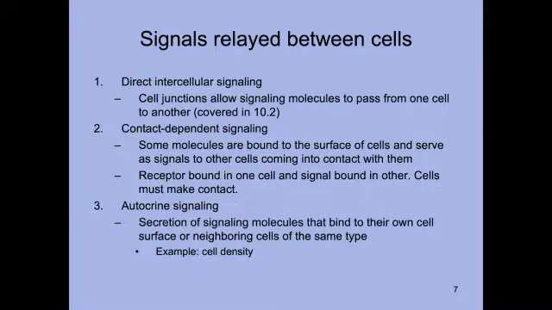The next is contact-dependent signaling. In contact-dependent signaling, one cell has molecules bound to its surface, and another cell has receptors that will receive that signal. So I have one cell with a signaling molecule stuck on its surface, and I have another cell with a receptor for that signaling molecule on its surface.